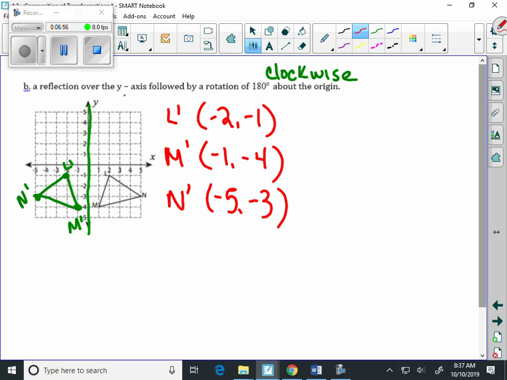And when we're rotating 180 degrees clockwise, it's the same as rotating 180 degrees counterclockwise. And the rule is no flip. Change those signs.